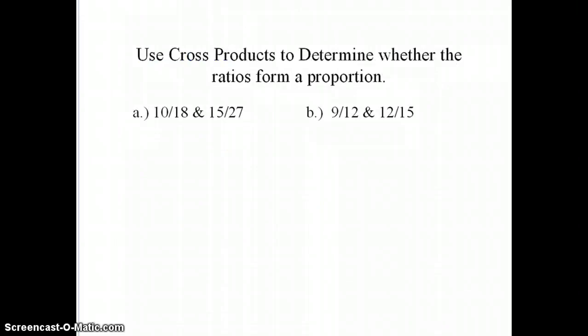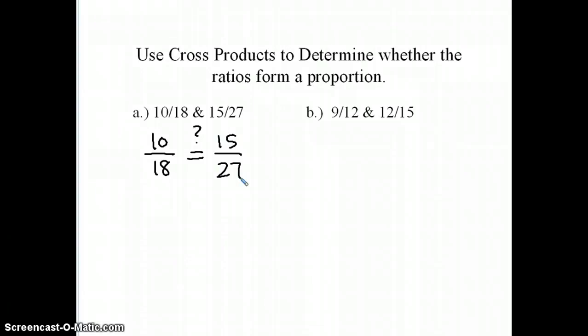Now that we know the definition of cross products and proportions, we are going to use cross products to determine if we have ratios that can form a proportion. So I have two fractions, 10/18 and 15/27. I'm going to write this as a possible proportion. And you'll note here I have the equal sign, and I have a little question mark because I'm not sure if it's going to work.